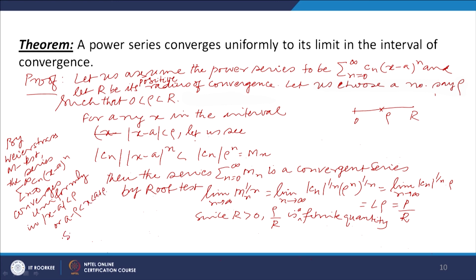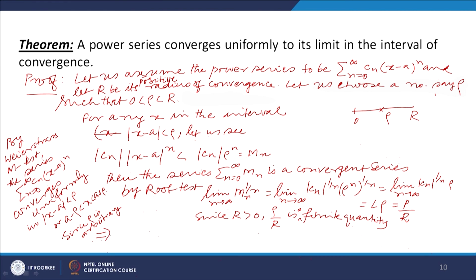Now, since rho is arbitrary, rho is any number which is greater than 0 but less than r, we can go as close to r as possible.